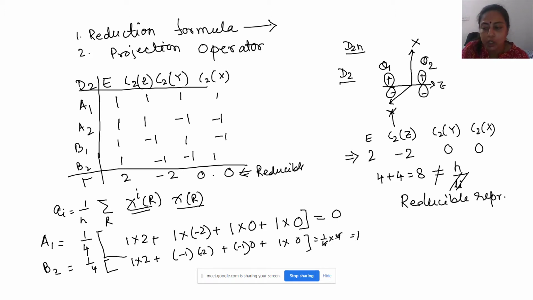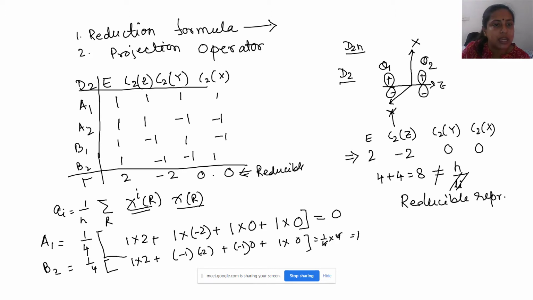If we similarly do it for B3, I can just say it as A2, or I can find it out for B1. Actually, if you note down, there is no such principal axis because all are C2s.